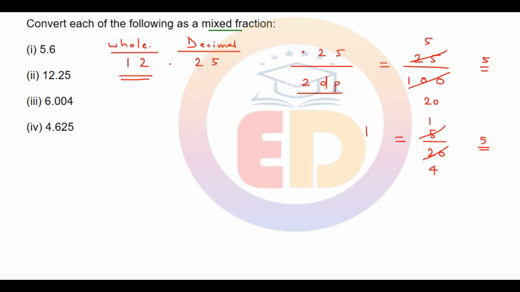So it will become 1 upon 4. So the decimal number 0.25 becomes in the fraction 1 upon 4. Now let's get the final answer. Write down the whole number value 12 first, and then after that write down the decimal part which we have converted to fraction as 1 upon 4. Together it will become 12 whole 1 upon 4 in the mixed fraction.